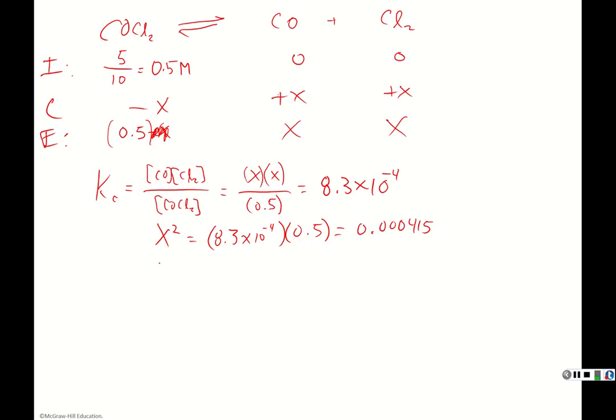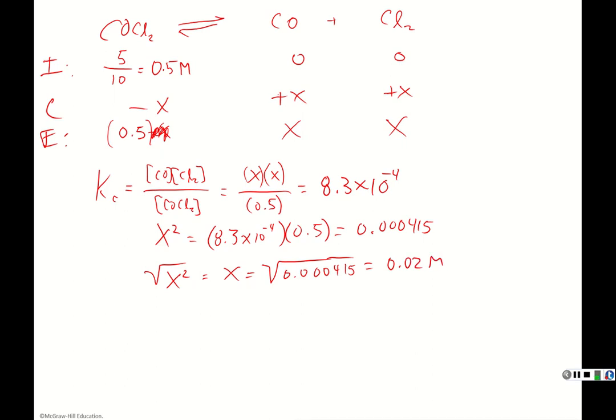And we take the square root of both sides. This is approximately 0.02 molar.